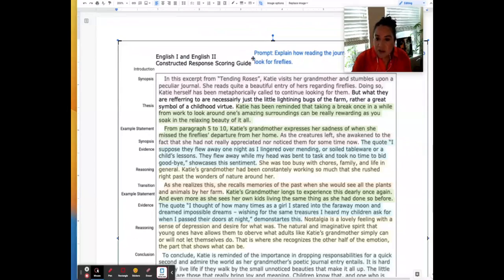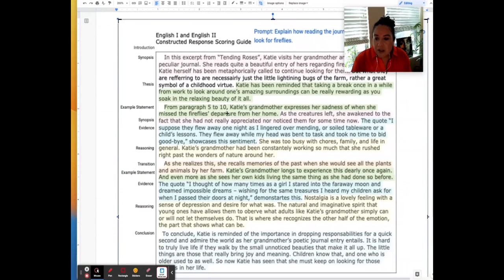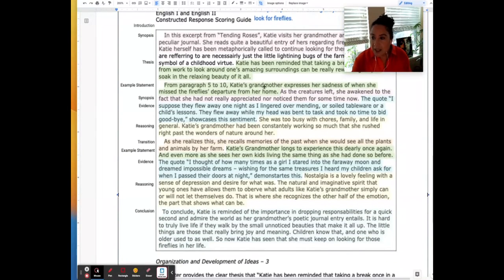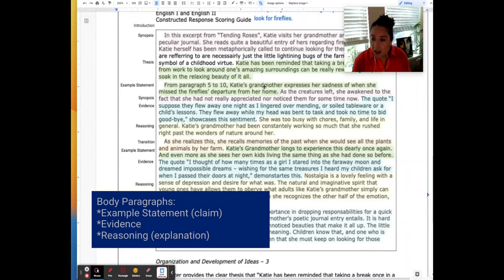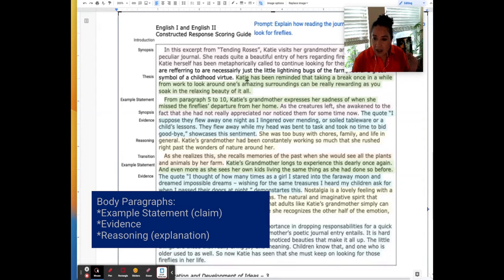Then we move into body paragraphs. So just to set a little bit of context here, we have been working so hard on claims, evidence, and reasoning, right? What we notice about this essay is that each body paragraph replicated that kind of structure with a little bit of movement across the components, right? Another thing to think about is the students have to create an overarching thesis, which we see in this top green right here.